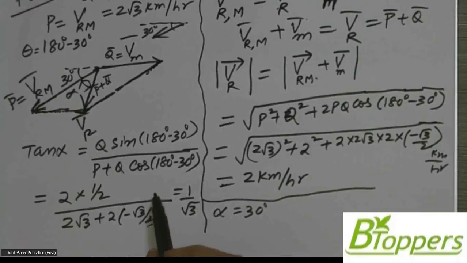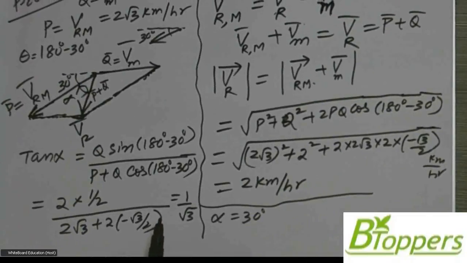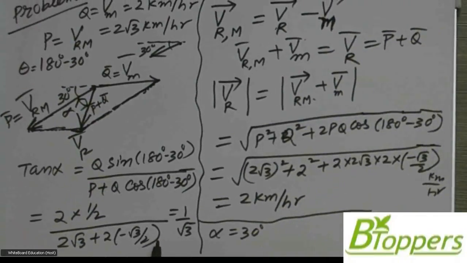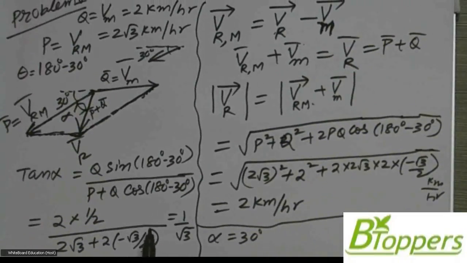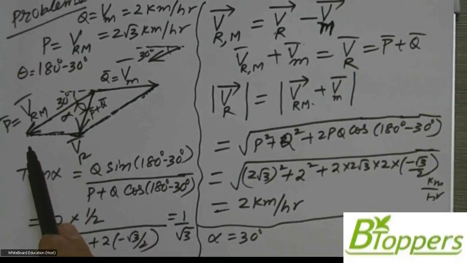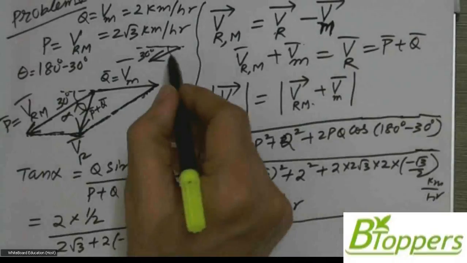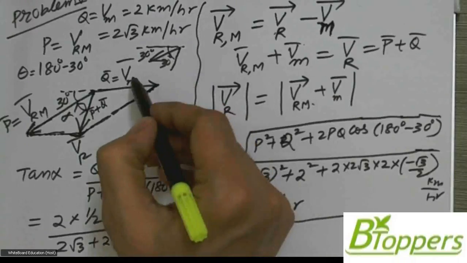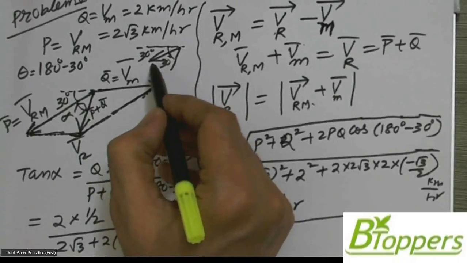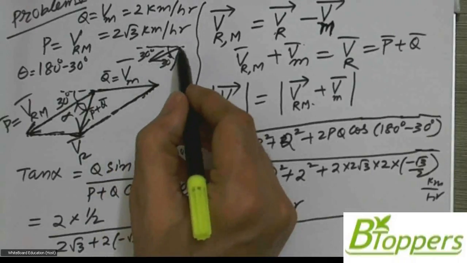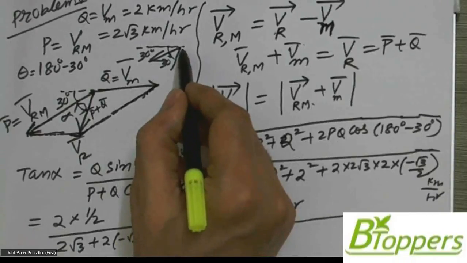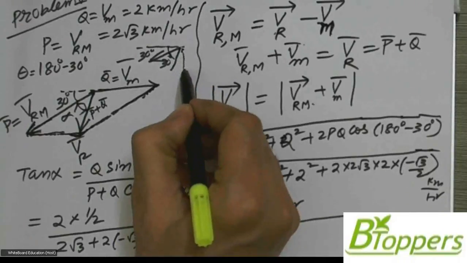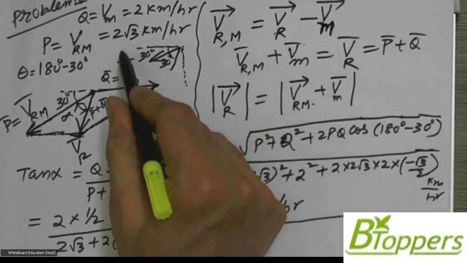That means the actual velocity of the raindrops makes an angle of 30 degrees with the direction of the relative velocity. So what angle does it make with the vertical direction?